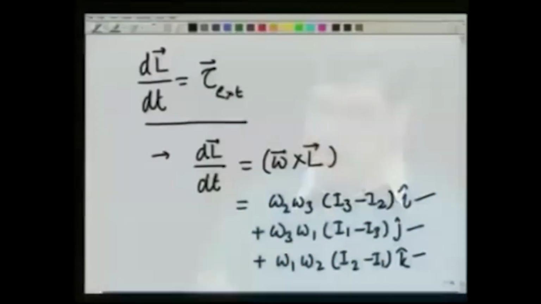The principal axis obviously rotate with the body, and this was purely due to the rotation of the body.